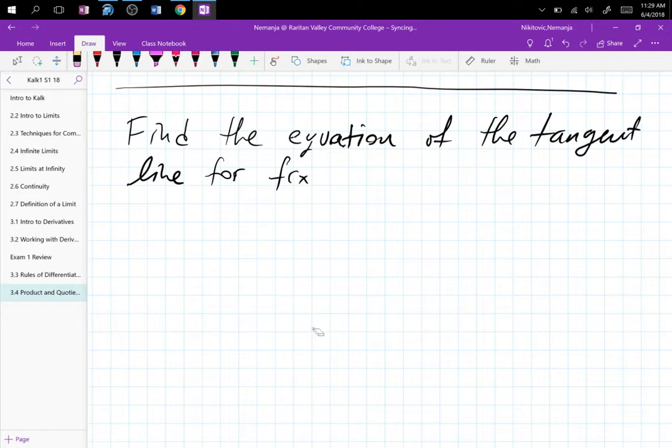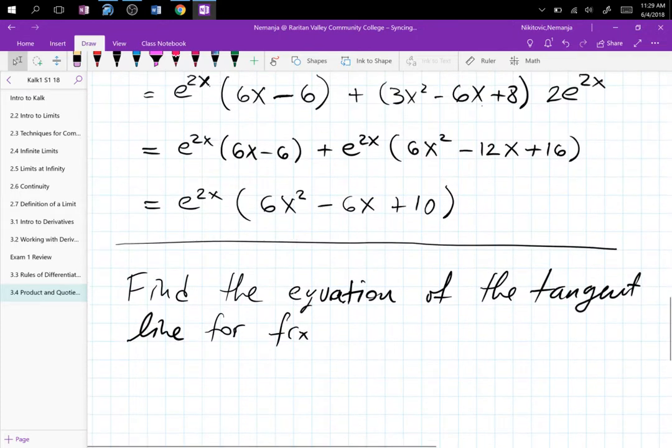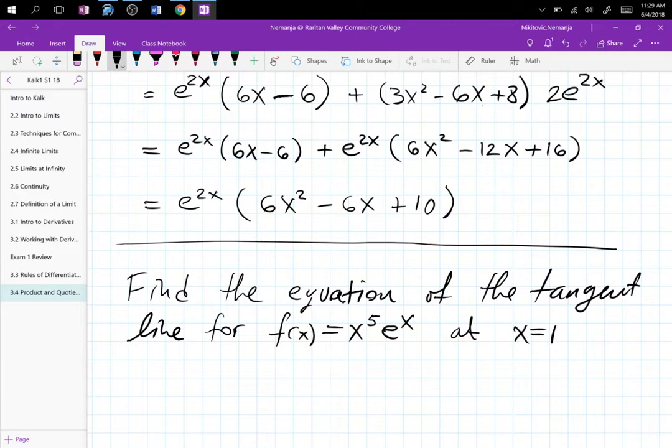All right, let's go with x to the 5 e to the x, at x equal to 1.